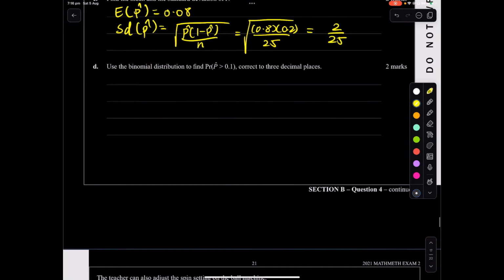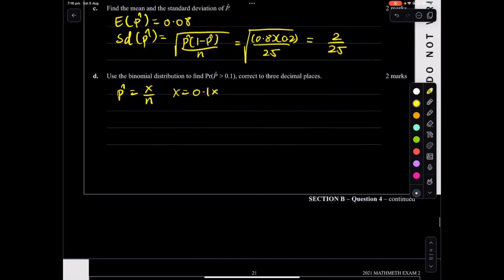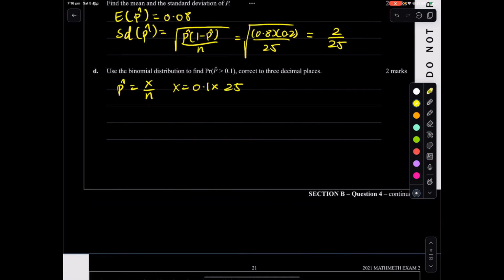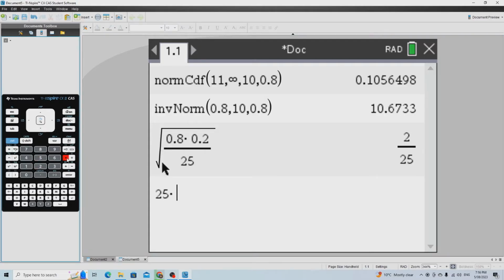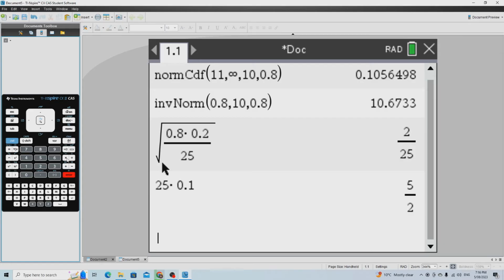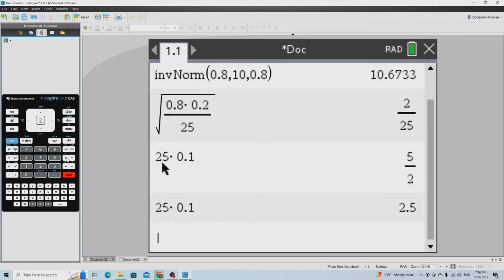Moving on to the next question. Use a binomial distribution to find this. So, we know that P is equal to x over n, and to get x, it's 0.1 times your n value, which here was 25. So 25 times 0.1 is 5 over 2, which is 2.5.